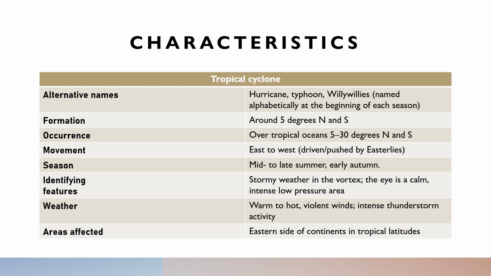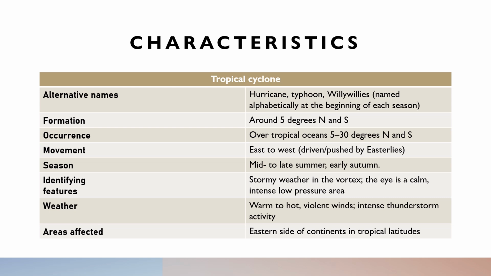That's why the tropical cyclone would occur in the mid to late summer. That's when the oceans are warmer, and in early autumn the oceans will still be warm.